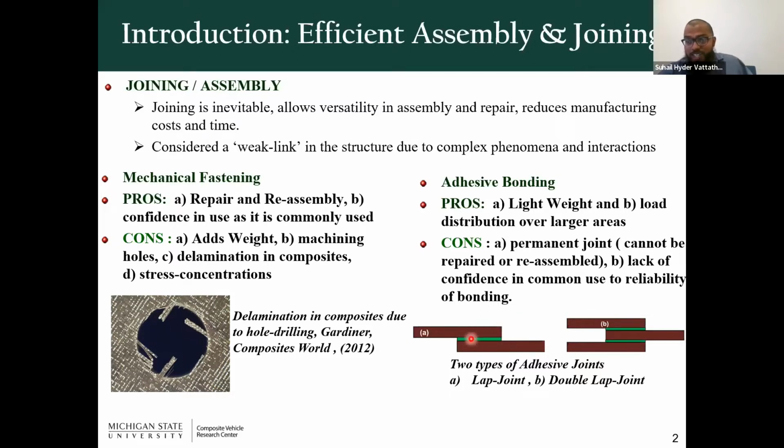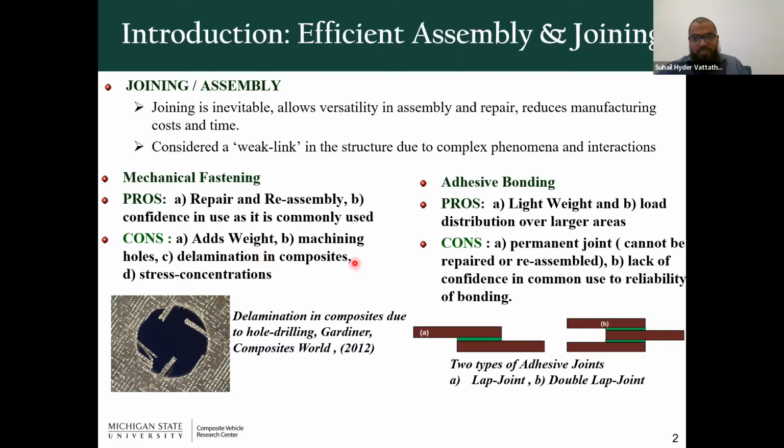And the issue with the thermoset polymers is that they are one-time cure. The conventional thermoset polymers are one-time cure, and you cannot disassemble them, unlike mechanical fastening. In mechanical fastening, once you assemble something, you can disassemble it in case of need. For example, if you want to do some repair or maintenance, you can still disassemble the components by debolting.